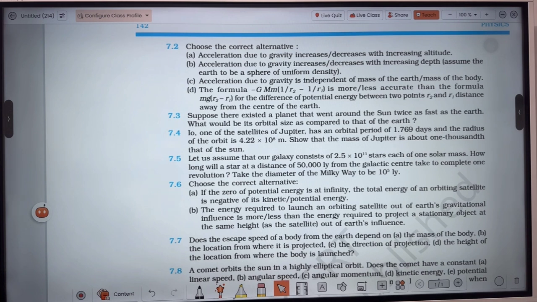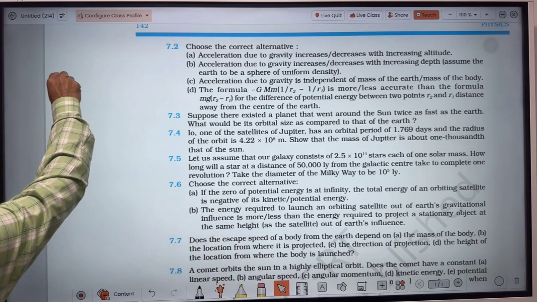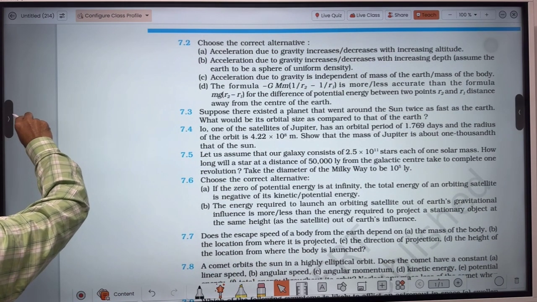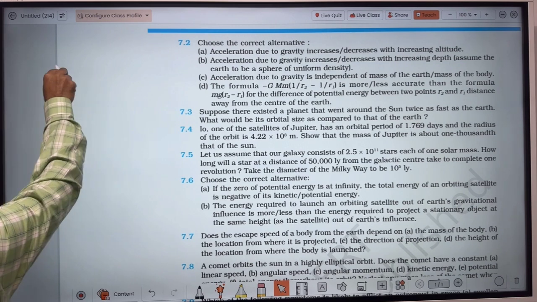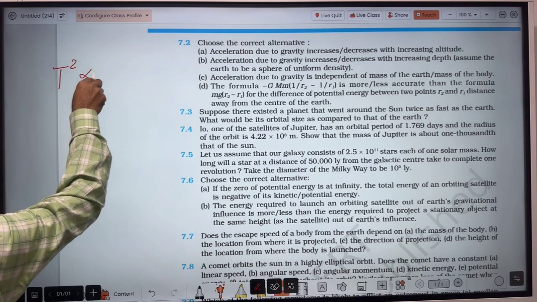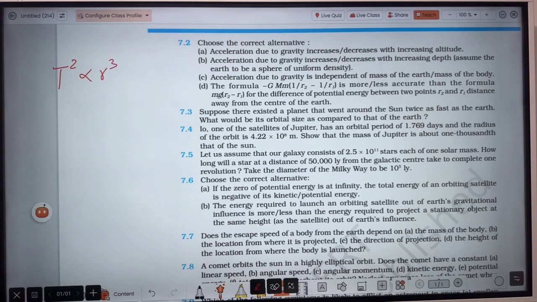Next question is, suppose there existed a planet that went around the sun twice as fast as Earth. What would be its orbital size as compared to that of the Earth? Here, what is the basic concept? Kepler's formula, I think you remember: T square proportional to R cube, where T is time period and R is the semi-major axis.